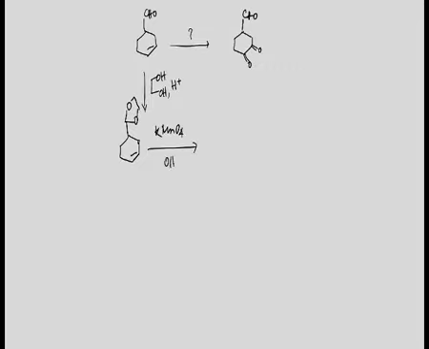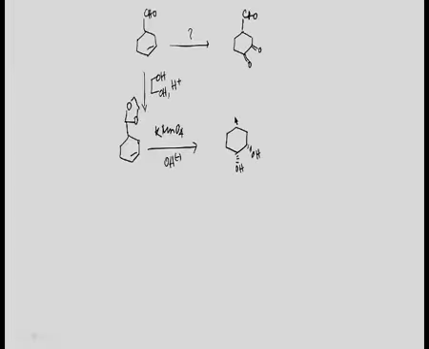And now you can use KMnO4, OH minus, then you get the diols, plus minus, and PCC oxidation or CrO3 or Jones oxidation, CrO3 H plus.